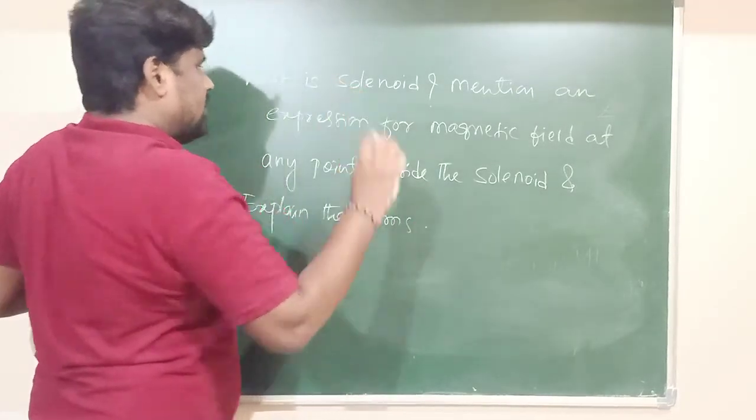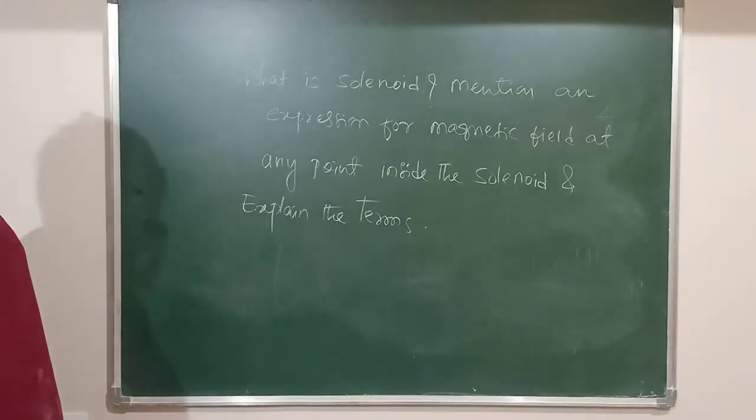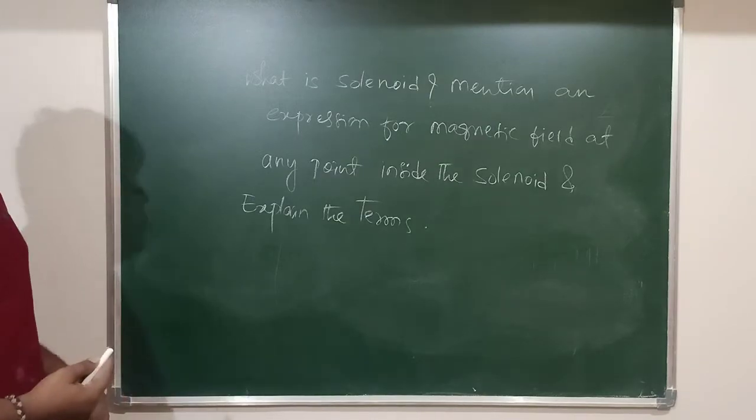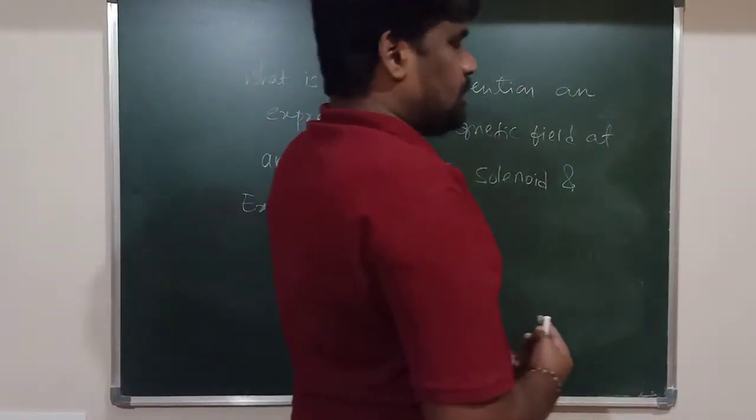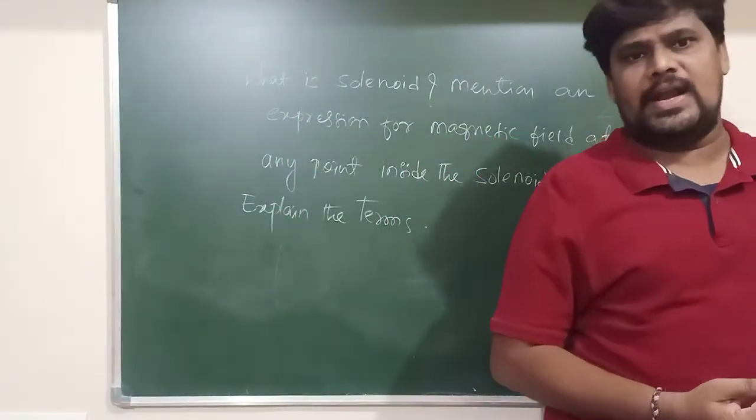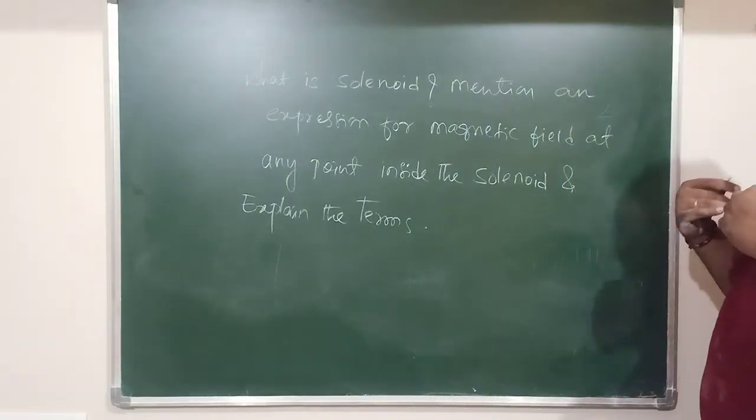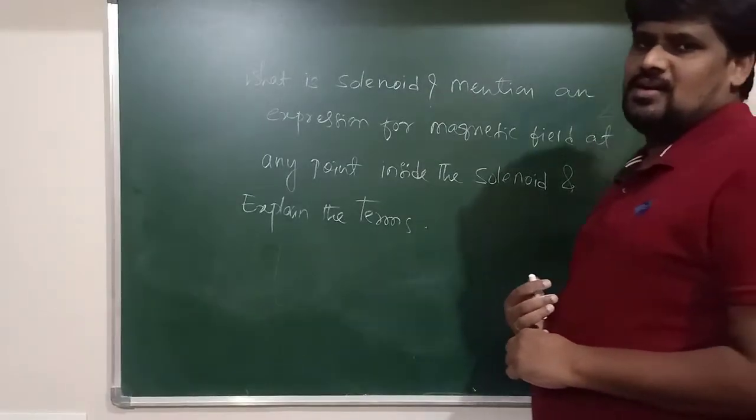It is a most expected 2-mark question for the examination. What is a solenoid? Mention an expression for the magnetic field at any point inside the solenoid and explain the terms here.